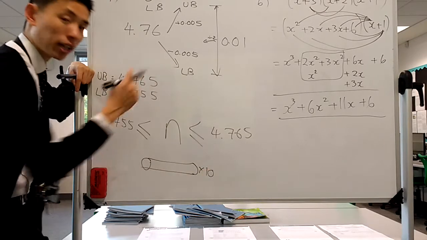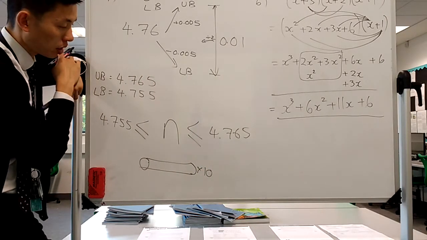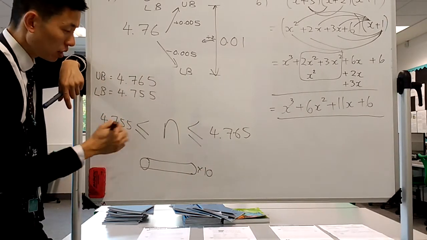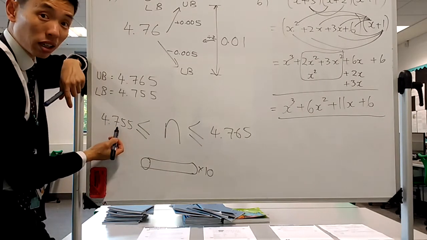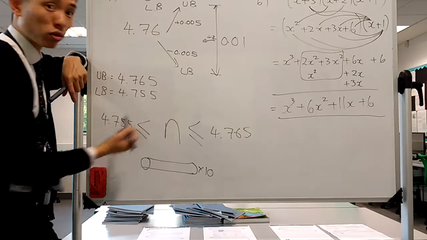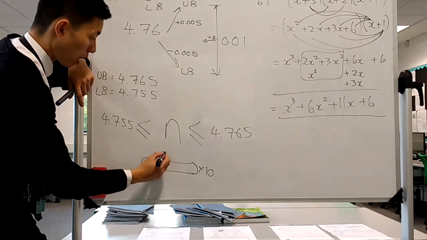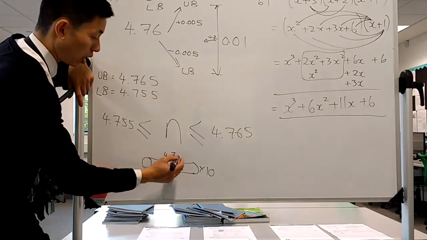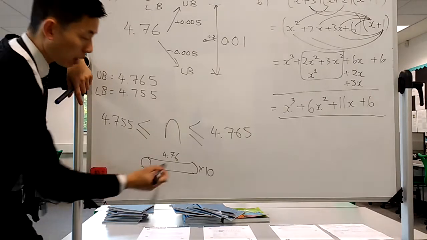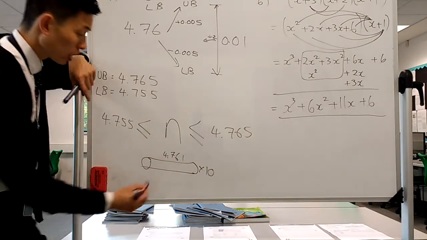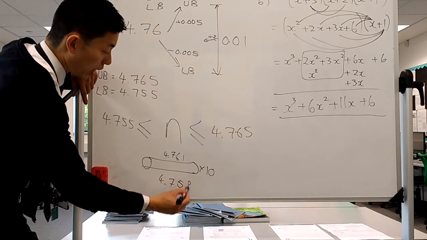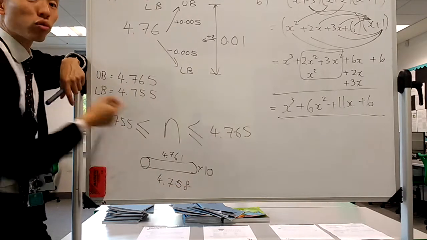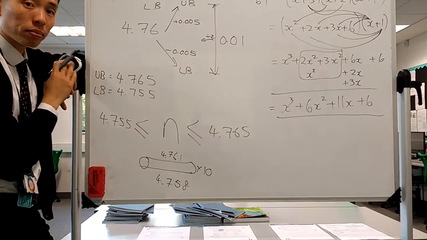That means my machine, every piece it's cutting, can differ within this range. They won't all come out as 4.76. One piece might come out as 4.761, one piece might come out as 4.758, etc. It will be in this range, but it will not be the same.